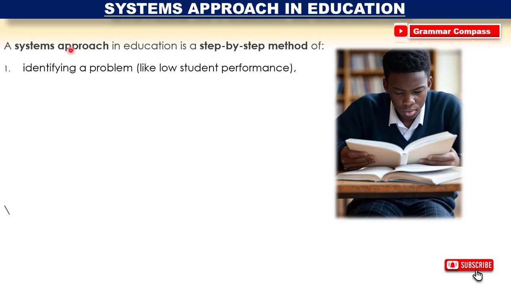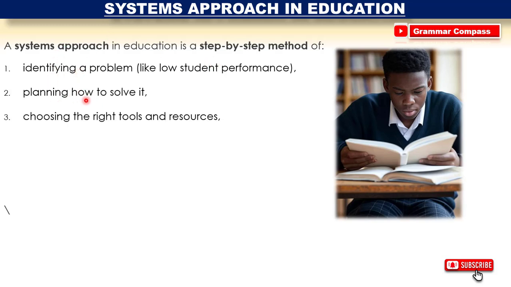You will start by identifying the problem, then planning how to solve it, then choosing the right tools and resources, and then you will test the solution to the problem to see whether it was effective. And the last one is that you are going to improve it if needed. That is the systems approach, a step-by-step method of solving educational problems.